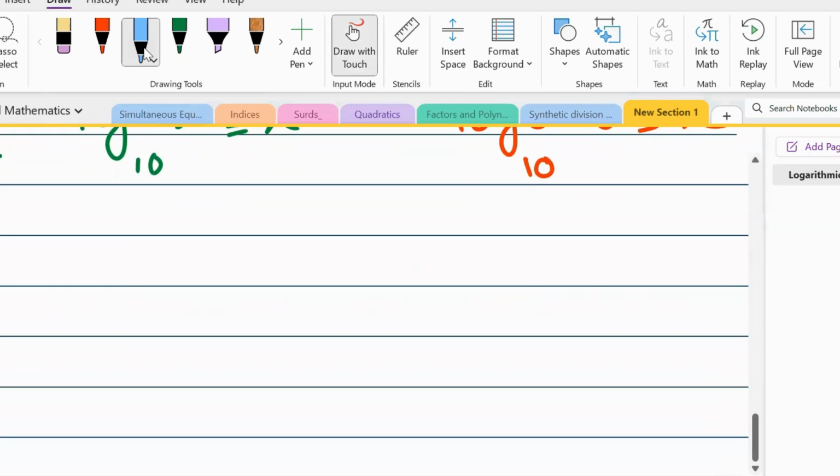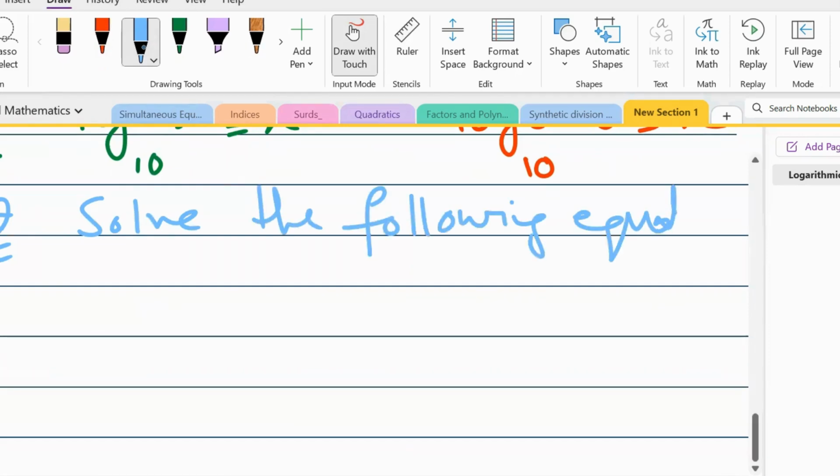Like the question: solve the following equation. 10 raised to the power x is equal to 45.